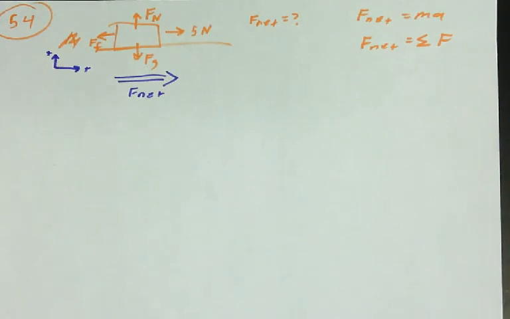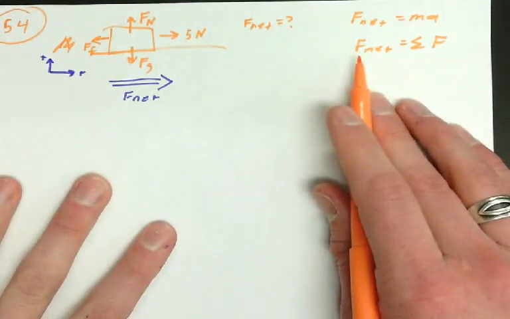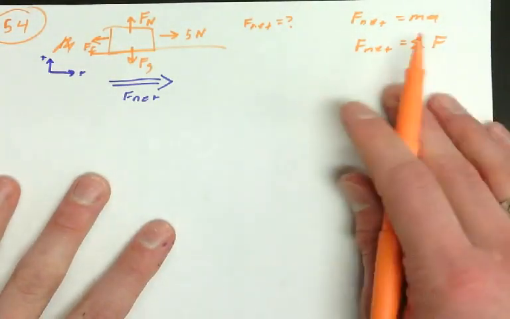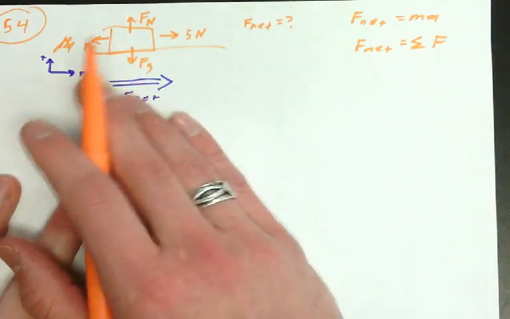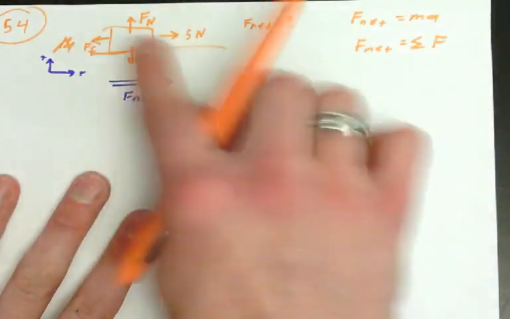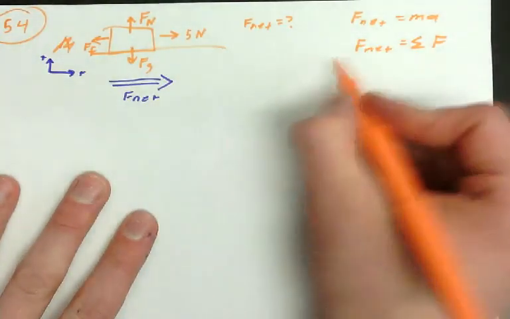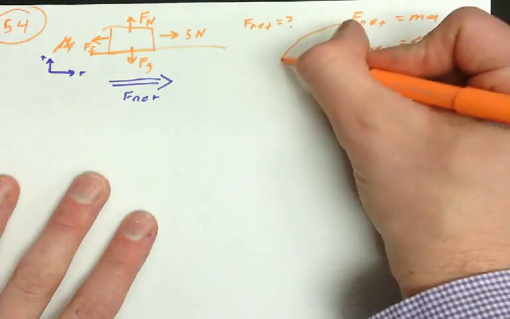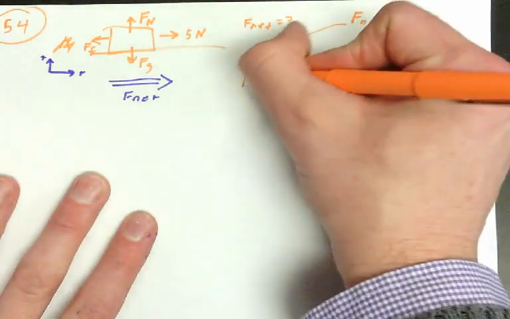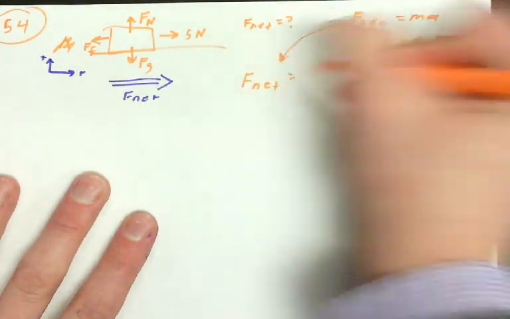First thing we got to do is find the net force. So I always start by, can I add the forces together? I don't know all the forces, so I can't add them up. I don't know friction, so I can't add friction and the applied because I don't know them both. So that equation's out, which means I got to use F net equals ma. And all I have to do is multiply them.